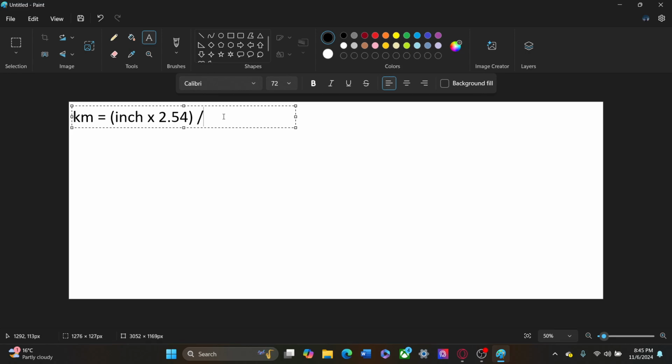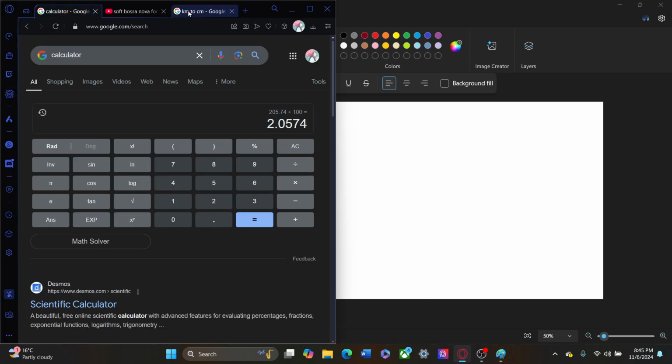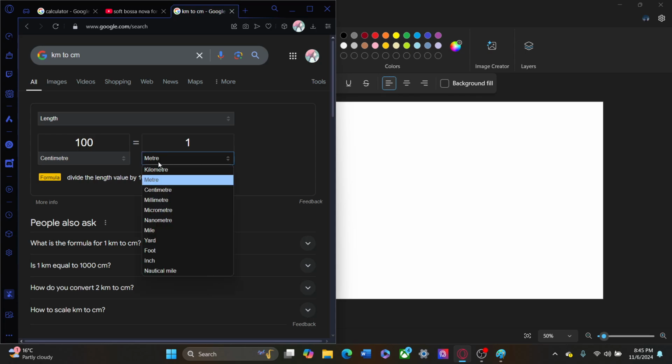So first off, what we have to do now is figure out how many centimeters are in 1 kilometer, right? Go here, centimeters, kilometer. 1, 2, 3, 4, 5, 6. Okay?